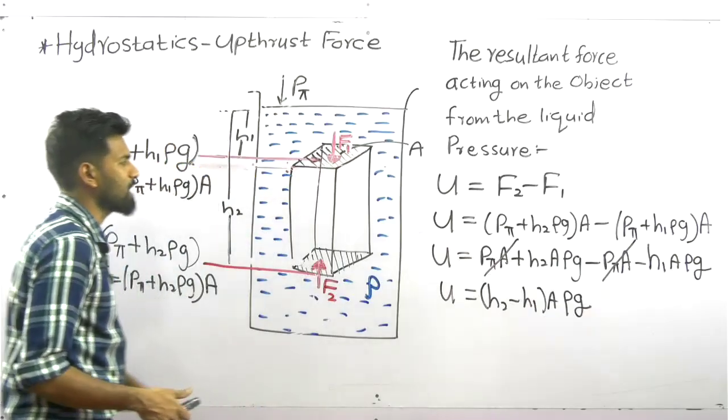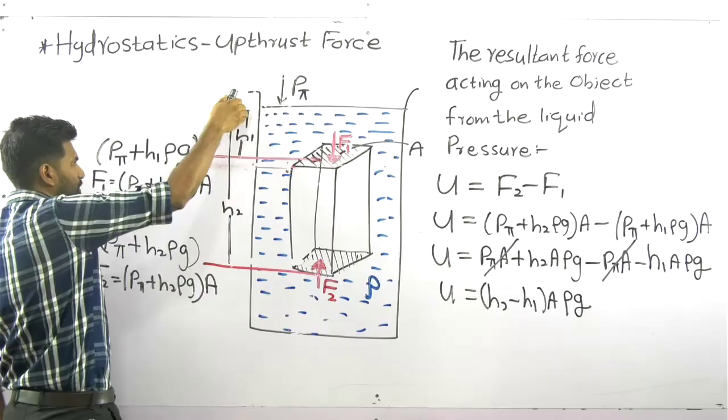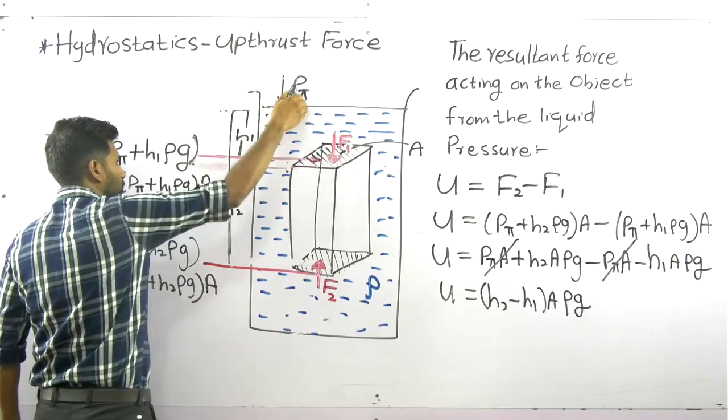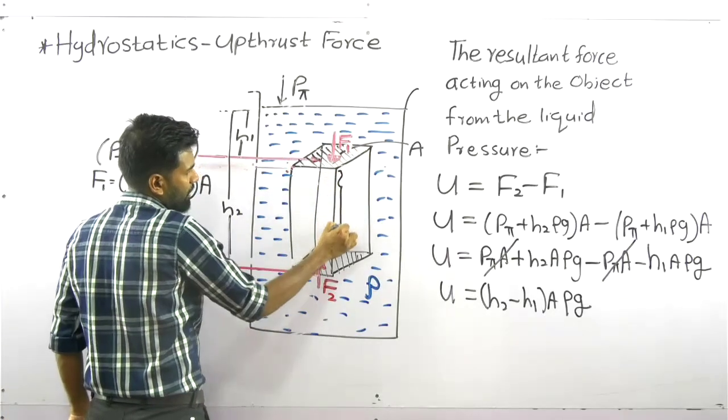What is H2 minus H1? H2 is the full depth. H1 is the depth up to the higher initial position of the object. So H2 minus H1 is the height of the object.